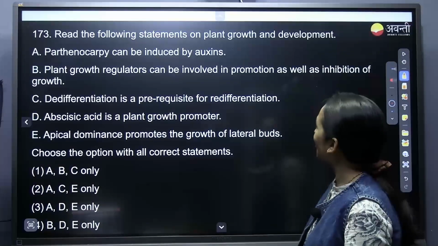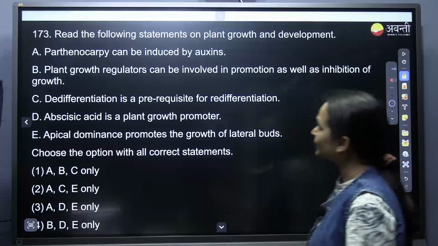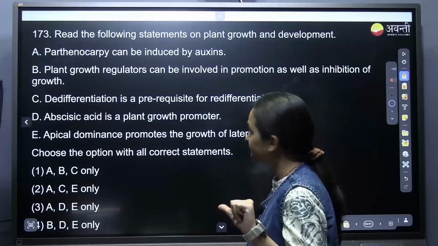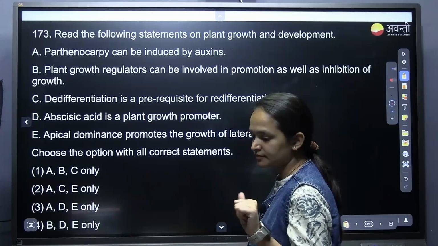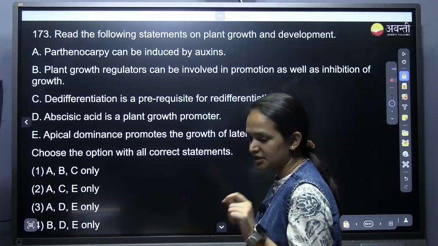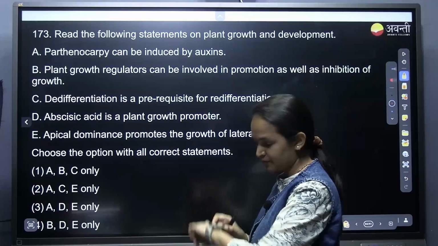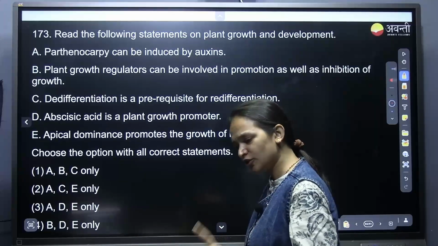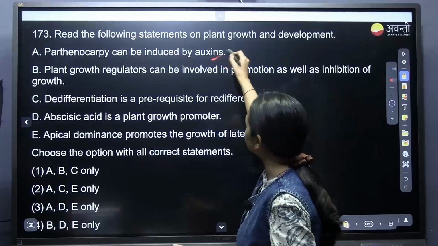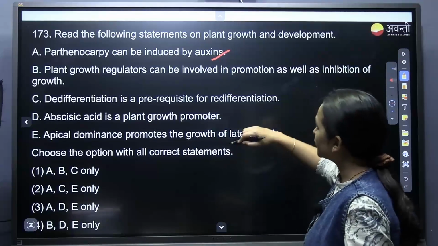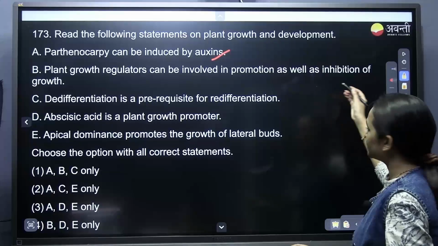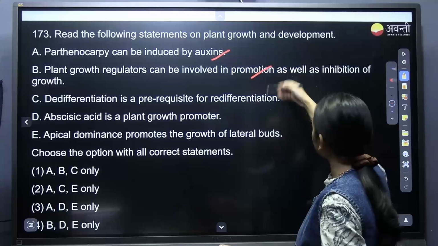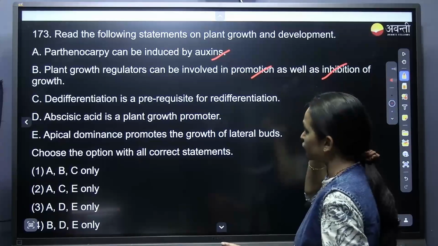Read the following statements on plant growth and development. Parthenocarpy can be induced by auxins, yes. Plant growth regulators can be involved in promotion as well as inhibition of growth, true.